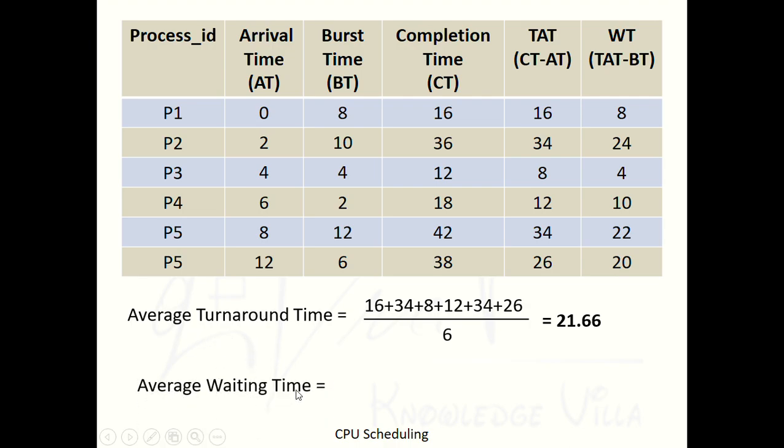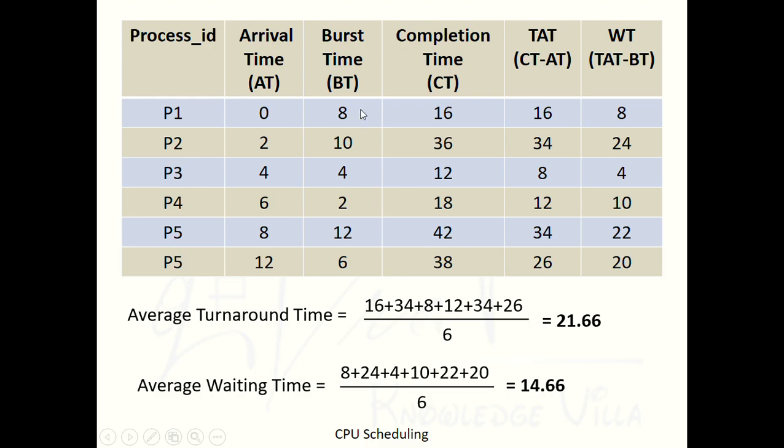Next we find the average waiting time. We sum all the waiting times: 8 plus 24 plus 4 plus 10 plus 22 plus 20. So we get a total of 88, and we divide 88 by the total number of processes, 6, and we get 14.66. Get it? So these are our average turnaround time and average waiting time.